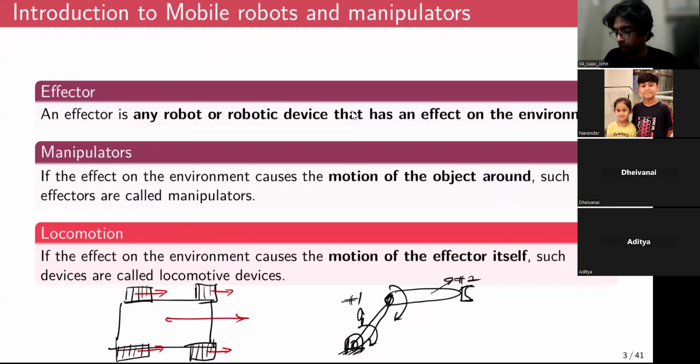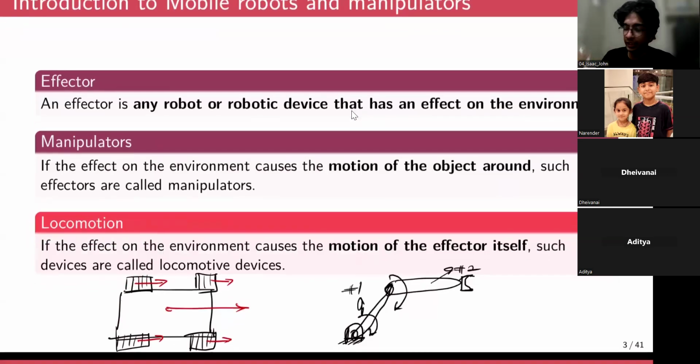So the effect on the environment causes the motion of the effector itself. As a reaction to the tractive force put into the environment, the device achieves locomotion. Such a class of effectors are called locomotive devices, right?